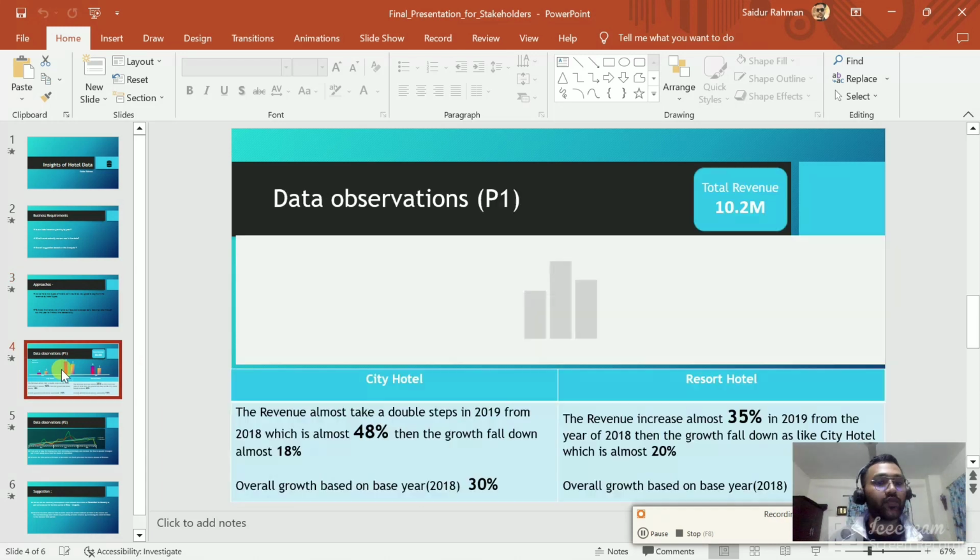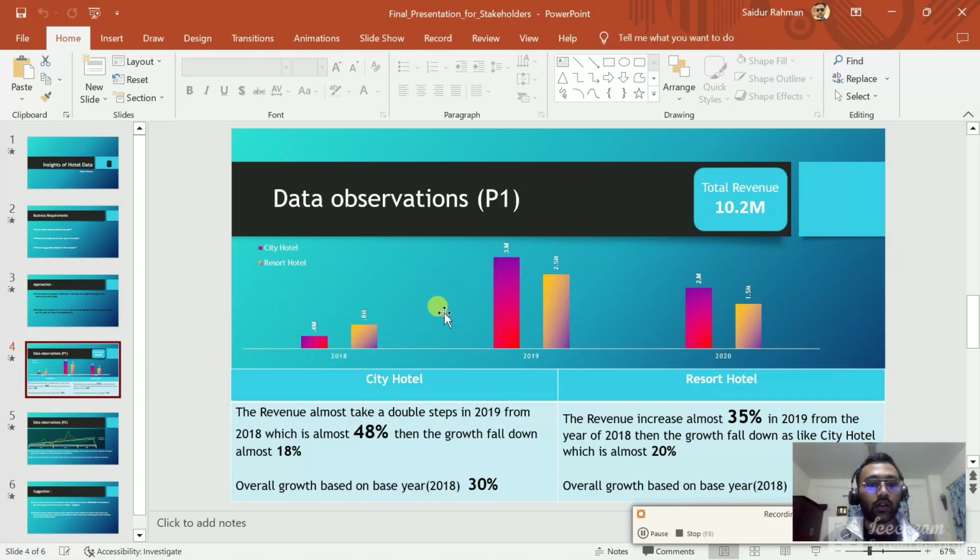From the observation of the data, we can see that revenue almost doubled in 2019 from 2018, which is almost 48%, you can say almost 50%. Then the growth fell down, and the number was almost 18% from the year 2018.